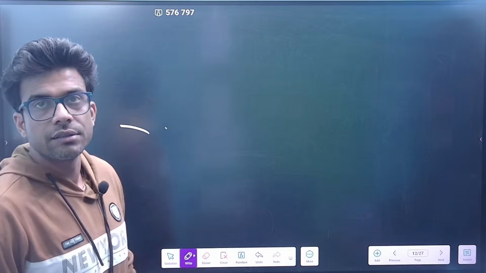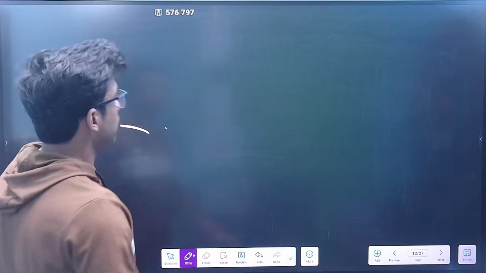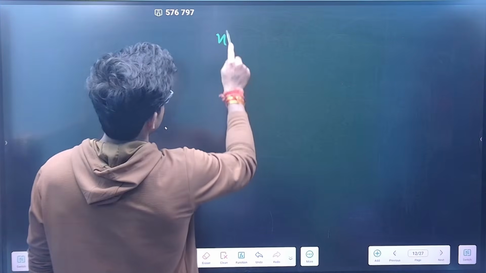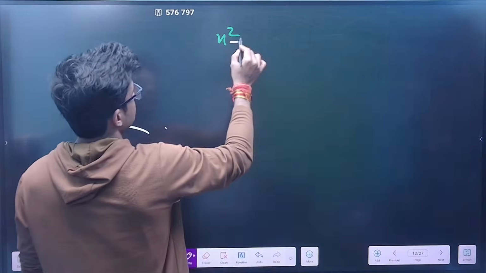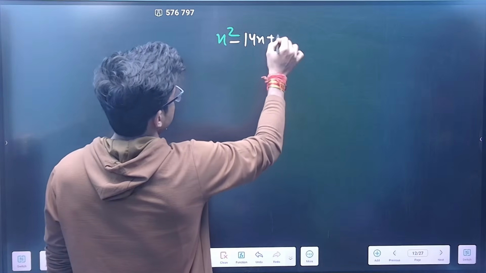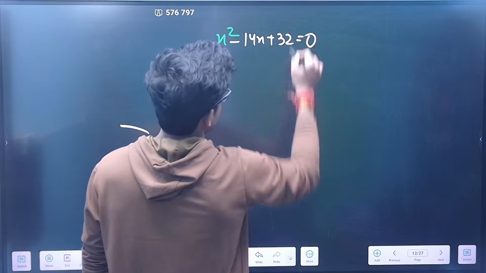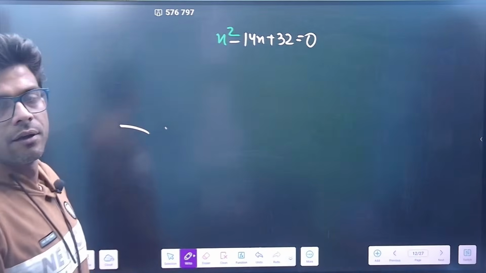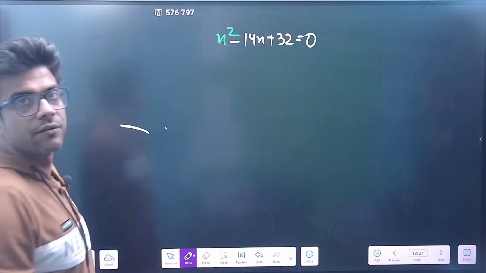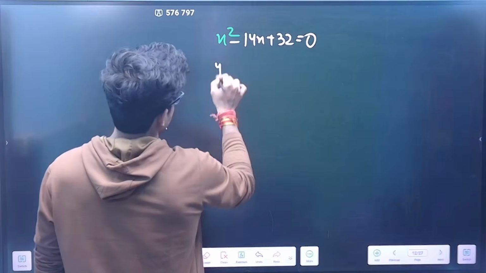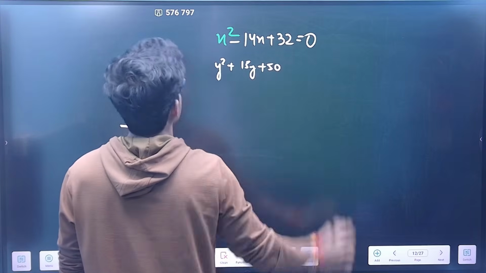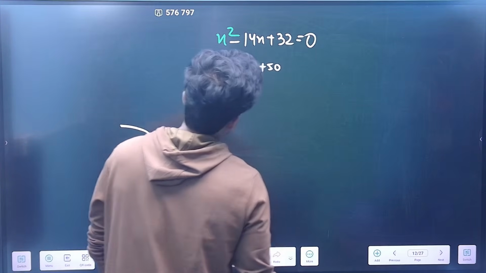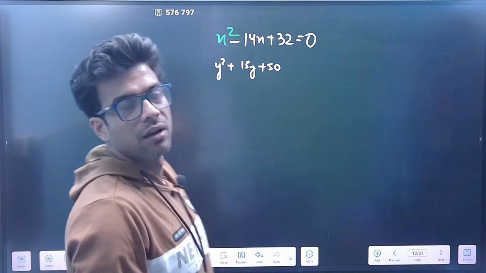First question is x square minus 13x plus 42 is equal to 0, and y square plus 15y plus 50 is equal to 0. Compare them. Come on, do it.